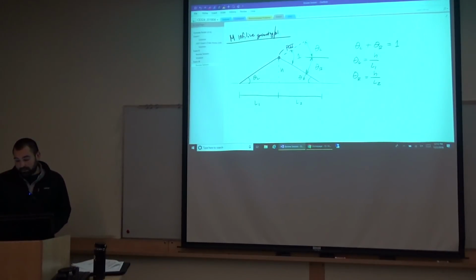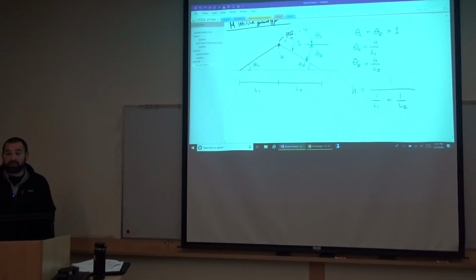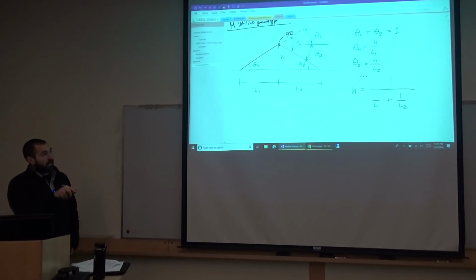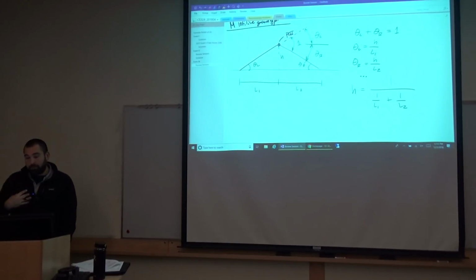There are multiple ways to solve for that. In this scenario, the height is equal to the inverse of the sum of the inverses, 1 over L1 plus 1 over L2. This is some basic algebraic manipulation of that equation. That's how I could calculate the height. There are other ways to do it as well, but this is probably the most familiar way for me.